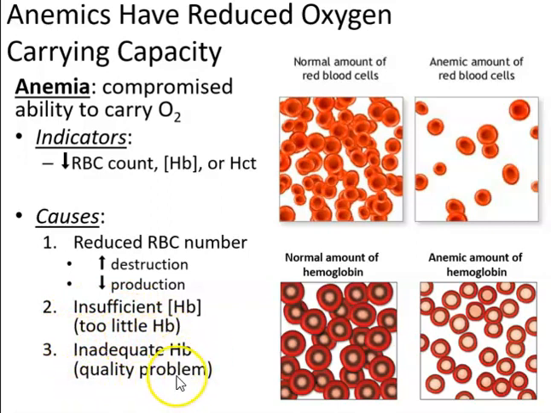This could be due to a quality problem. For example, there could be an underlying pathology such as sickle cell anemia, which changes the shape of the red blood cell, not allowing for proper binding of the maximum amount of oxygen to hemoglobin due to a change in the shape.